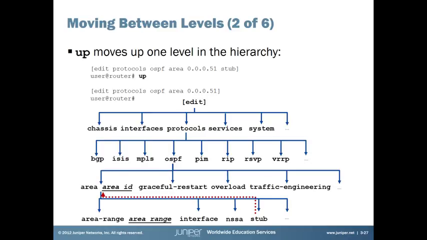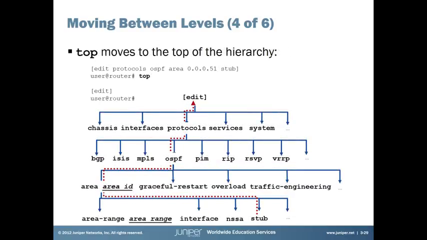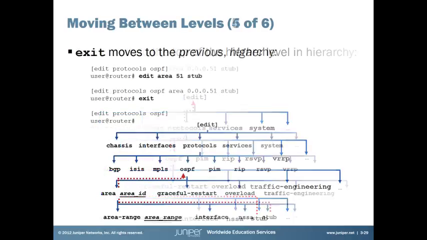If I want to go up a level, I type up, I go up a level. If I want to go right to the very top, I type in top. I go boom, straight up to the top of the hierarchy. If I want to go up 2 levels, I type up 2. So there it is, up 2, and I'm going up 2 levels. There's top, straight to the top.